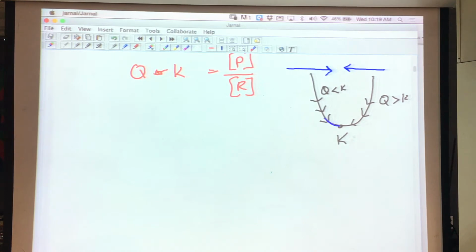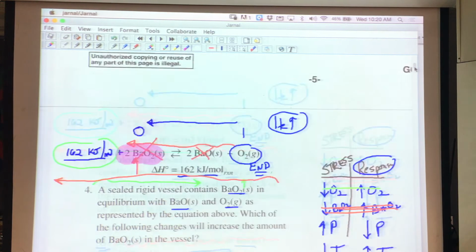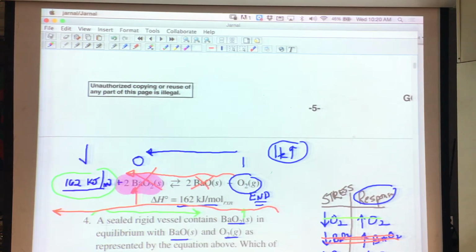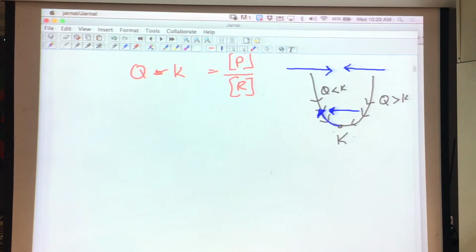It got smaller, yes? So if it got smaller, then what was in this area is now bigger than K, and the reaction shifts to the left. Reactions don't shift with temperature, they make a brand new equilibrium constant. And if I know the energies on the reactant side are endothermic, I know that the equilibrium is going to shift to get smaller. Okay?